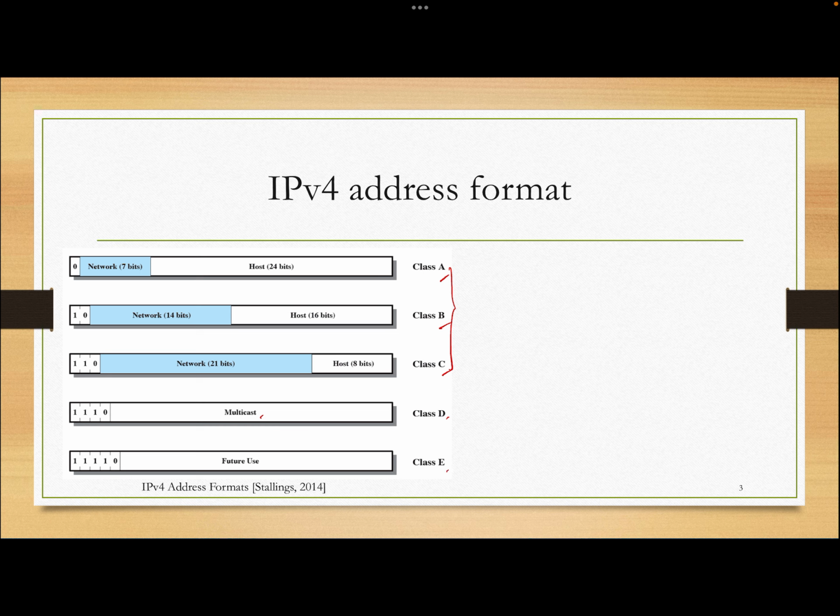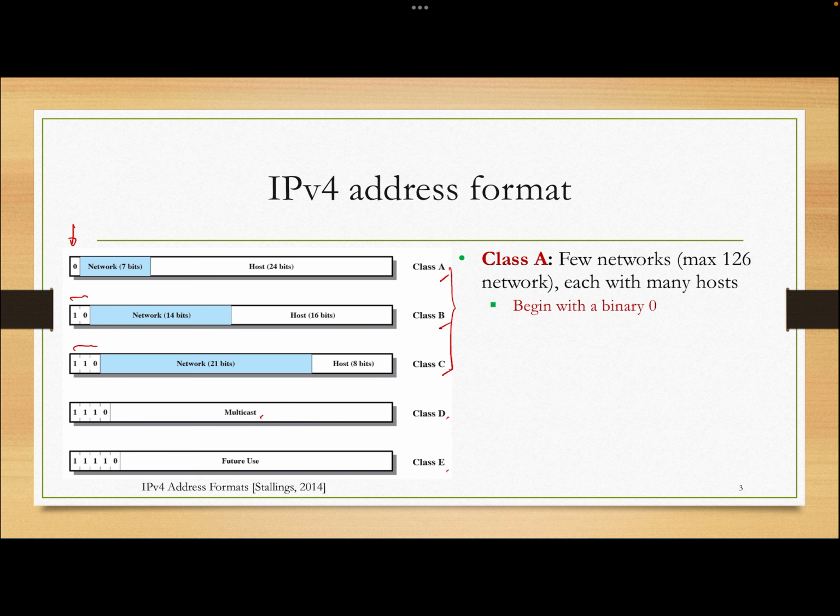Class A starts with 0, class B starts with 1 0, class C starts with 1 1 0. This is how you identify the class in binary format. In class A we have few networks, but each network has many hosts. Kasetsart right now, I just checked this morning, is using a class A IP address.